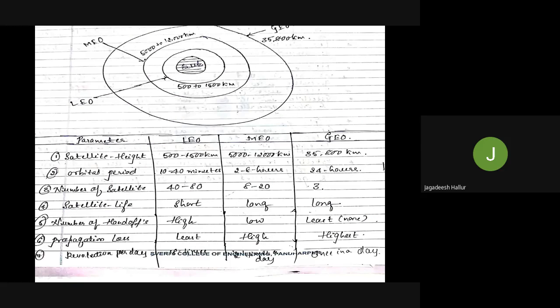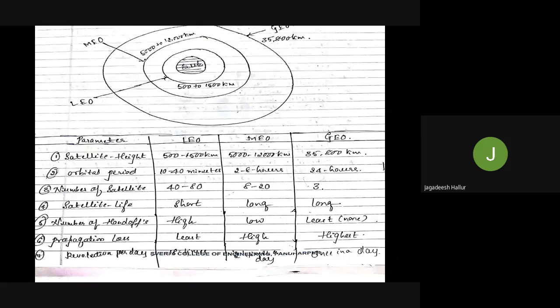Okay. For example, you can draw the diagram like this. This is a nodes diagram. That is, there is the Earth and one low Earth orbit, LEO. The distance is 500 to 1500 kilometer. And the second circle, in elliptical shape, is medium Earth orbit.